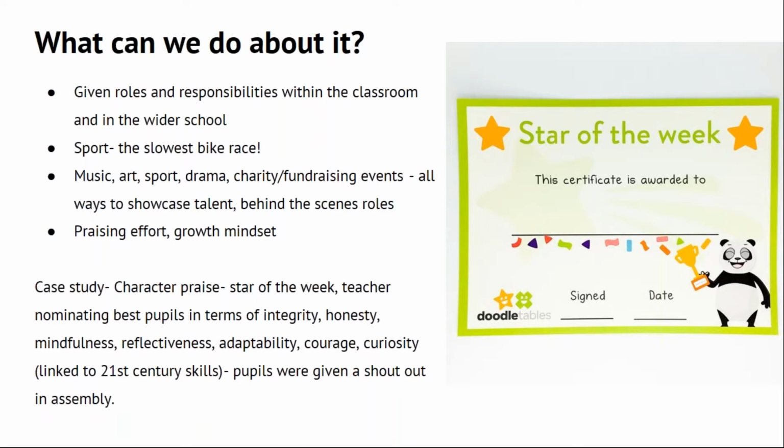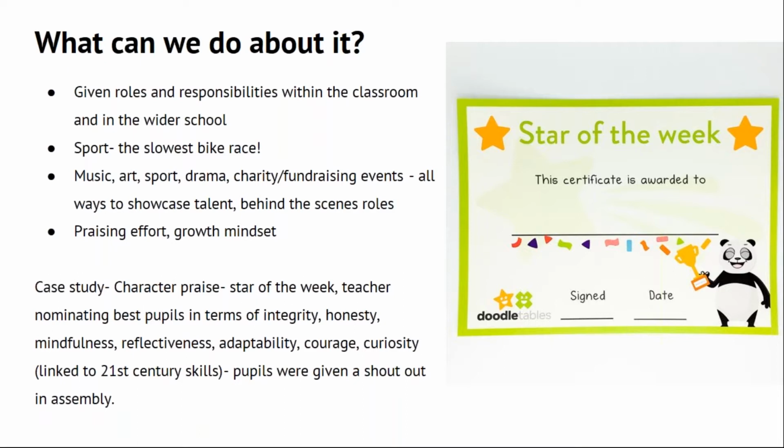One case study that I heard was from a school based in London, where the teachers nominated the best pupils in terms of different characteristics. So not just academic, but also linked to these 21st century skills: honesty, courage, curiosity, collaboration.